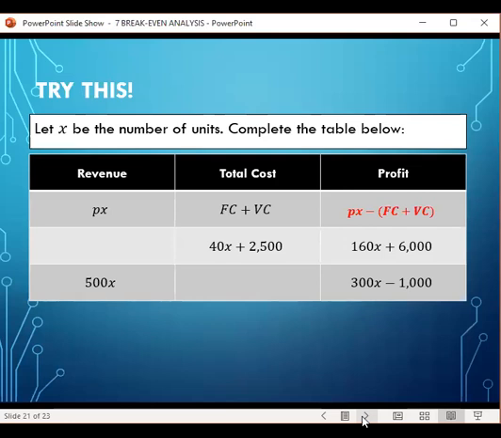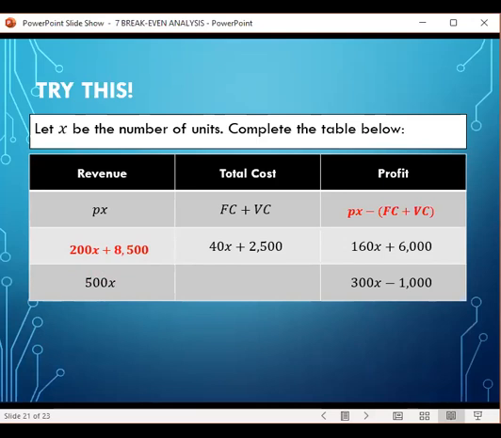Now, next item. What is the revenue? So our revenue is 200x plus 8,500.